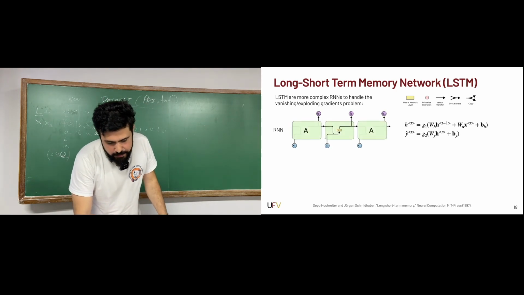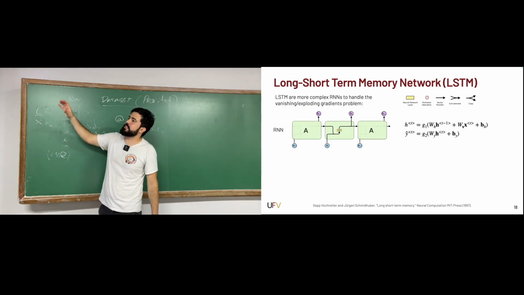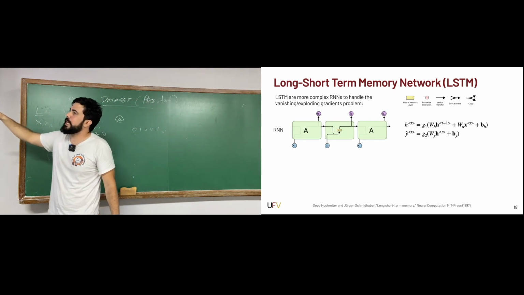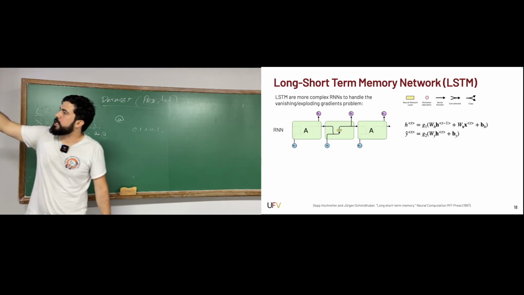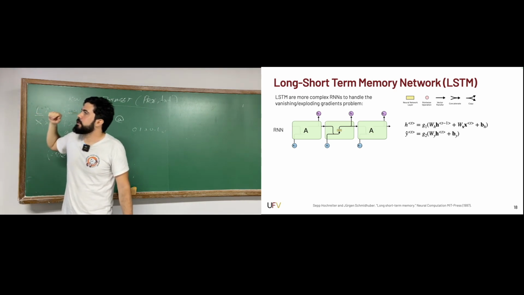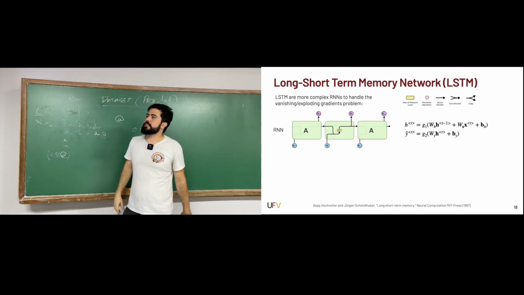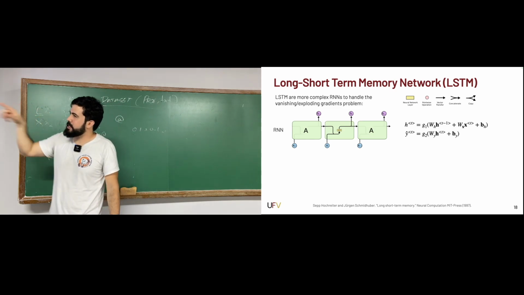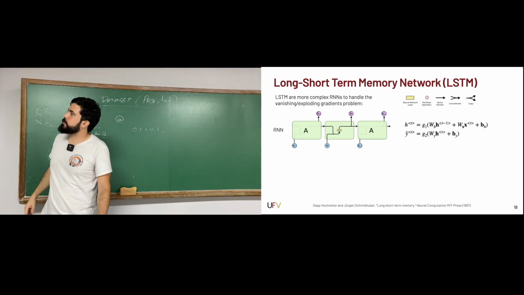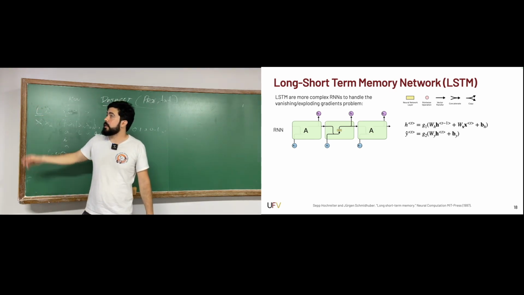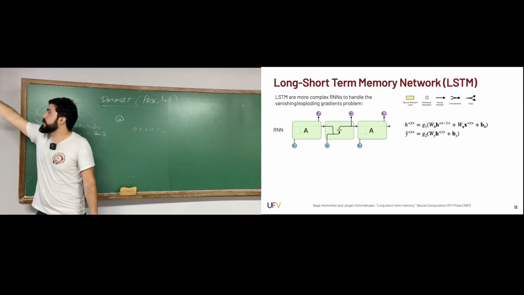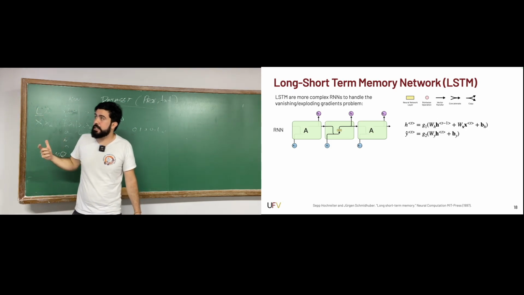So let's just compare. This is our simple RNN, right? Now I'm showing this diagram here where each of those green boxes is one time step. And I'm showing this circuit type of visualization to illustrate these equations of the classic RNN.